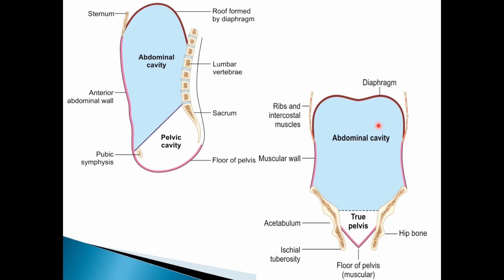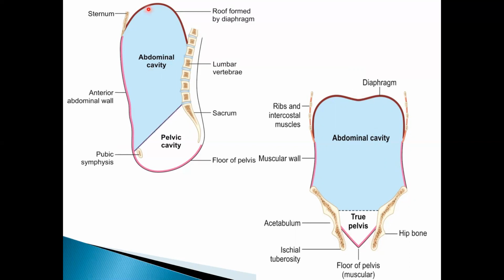Now this abdominal cavity, or the whole of the abdomen, extends from the diaphragm above to the floor of the pelvis, which is formed by the muscles of the pelvis, also called the pelvic diaphragm. So the extent of the abdomen is from the diaphragm, which is the thoraco-abdominal diaphragm, to the pelvic diaphragm. Now, this abdominal cavity is divided into two parts.